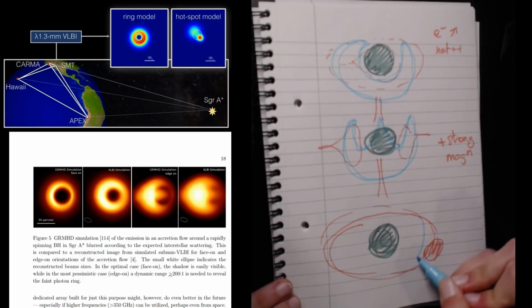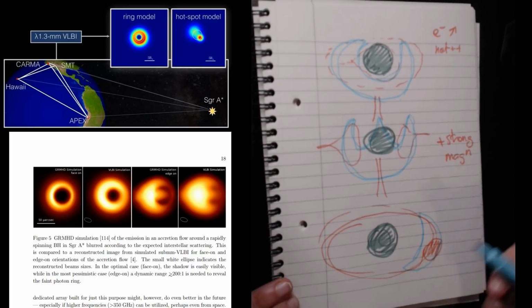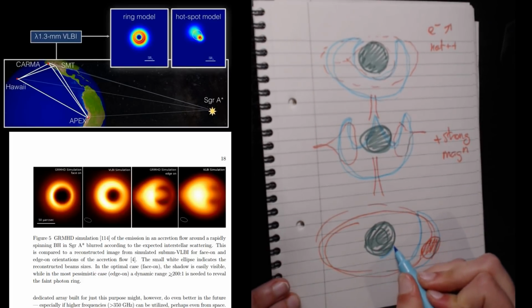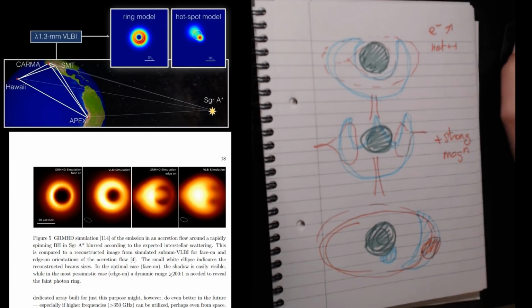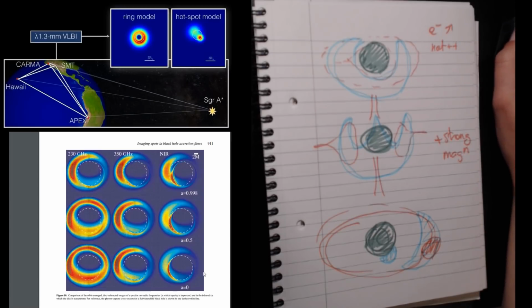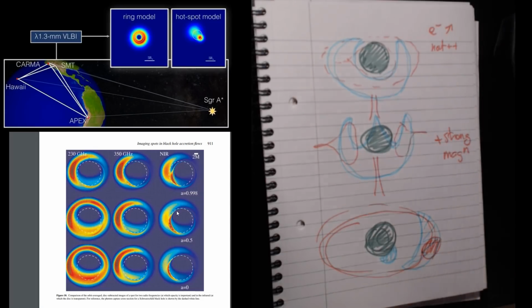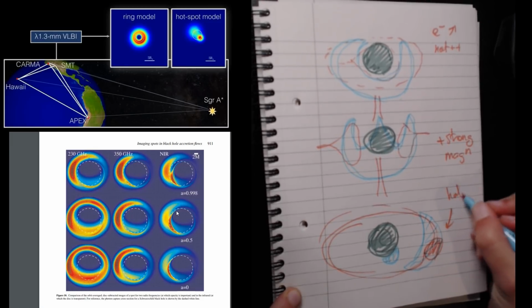And then what you would see is some sort of bending of the light like this, and a multiple image right on the edge of the black hole disk. So you can see there's two components, one there and a second one there. And here too, it has this very asymmetric multiple components shape, depending on what angle you look at it from. So in this case, it's a hotspot model.